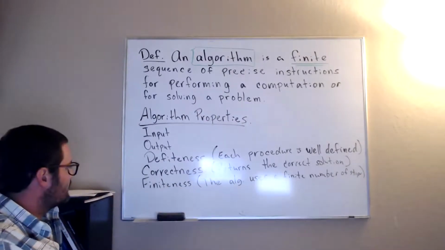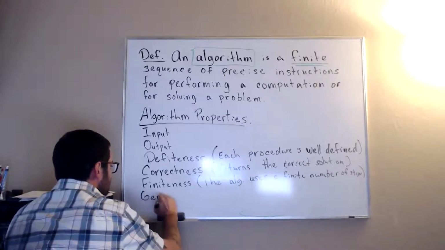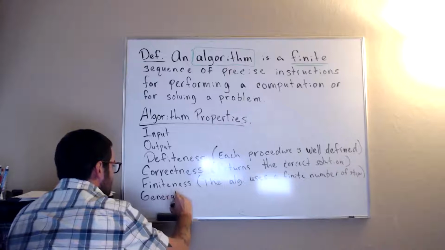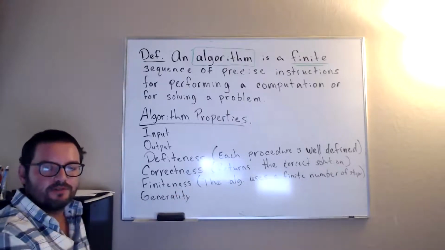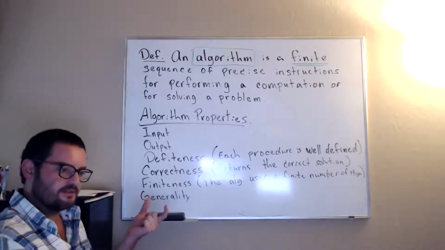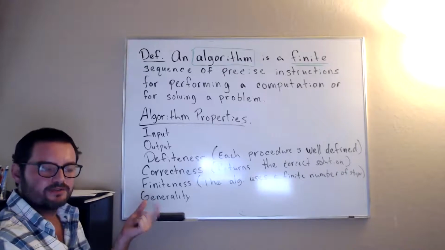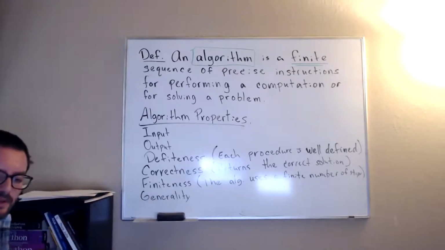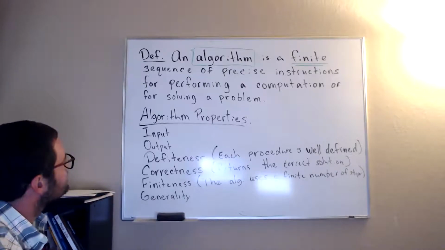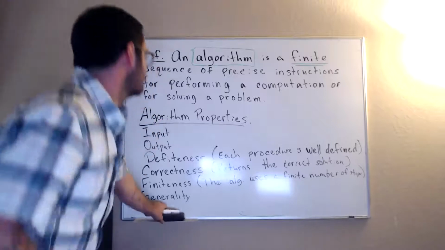And generality. By generality, I mean that the algorithm doesn't just apply to a given instance of input, but to a broad range of input that all match the same criteria. Okay? So let's look at an example. I think that's the best way to get our heads around what an algorithm is.